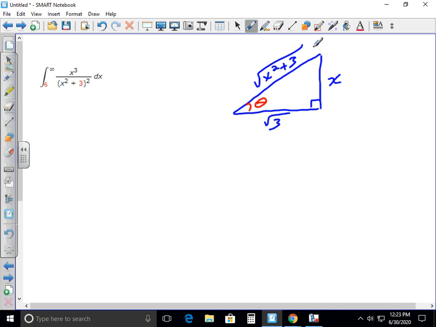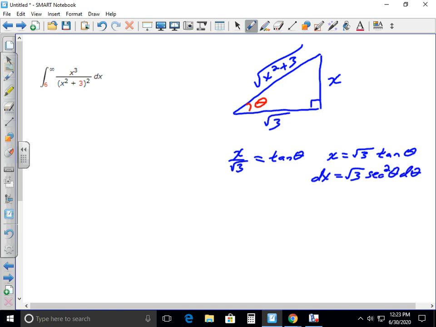So what is x going to be? X over root 3 is tangent theta, which means x is root 3 tangent theta. So dx is root 3 secant squared theta d theta. We also need an expression for x squared plus 3 squared.